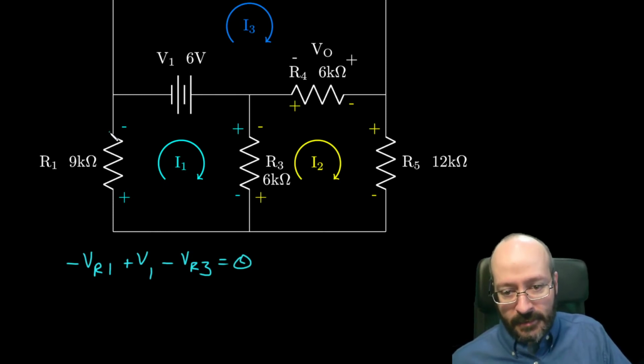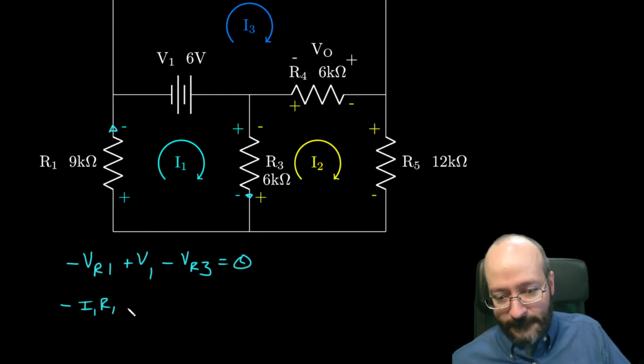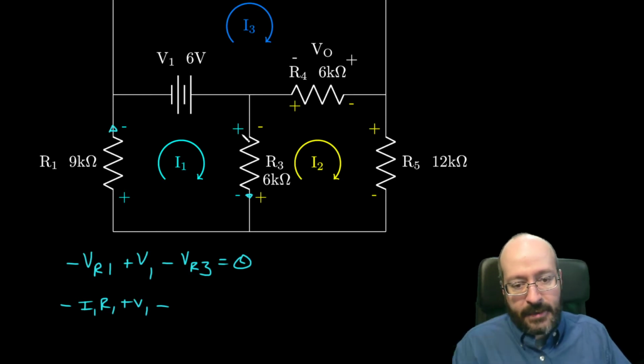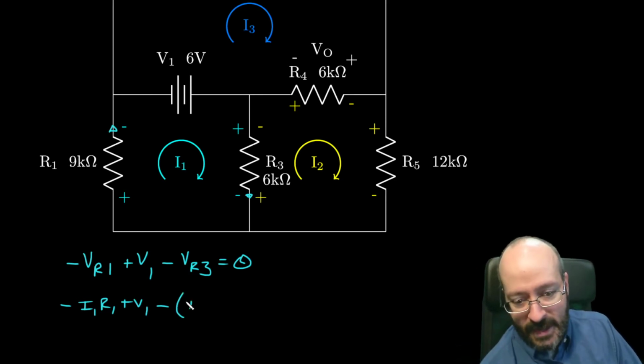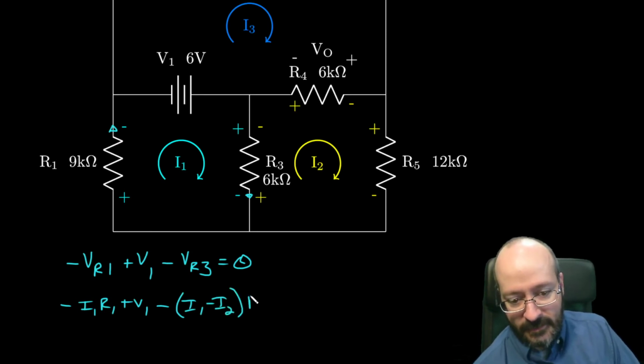Looking at our currents, that's the positive current direction there. That's the positive current direction for this polarity. So it's going to be negative I1 R1 plus V1. The minus is going to come down, and I'm going to have I1 minus I2, and that's flowing through R3.